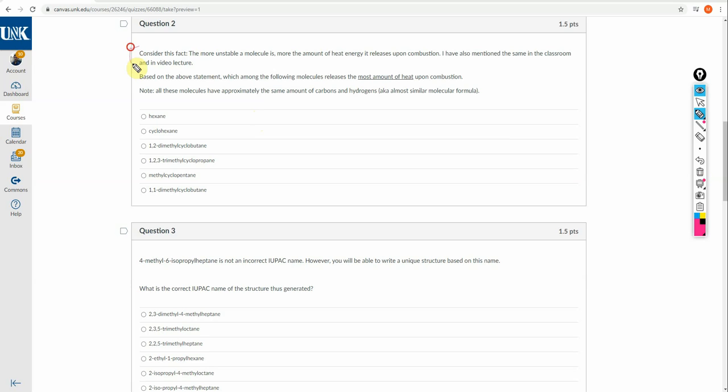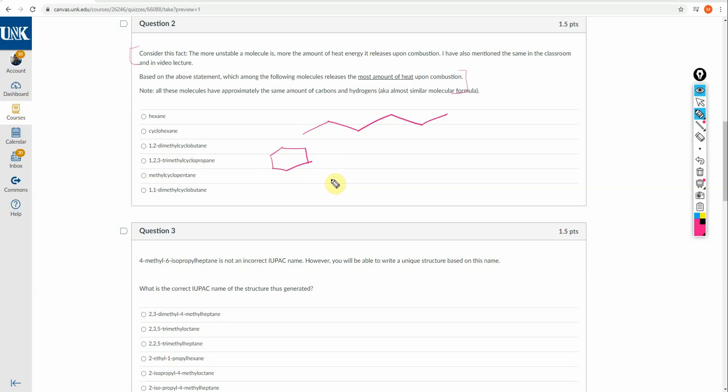So the problem gives you the background that the more unstable a molecule is, the more heat it releases upon combustion. So we have to find out which among these molecules is going to give you the most amount of heat upon combustion. Hexane is a straight chain compound, and we have to consider that cyclohexane is going to have slightly more energy, which means it's slightly more unstable than hexane itself.